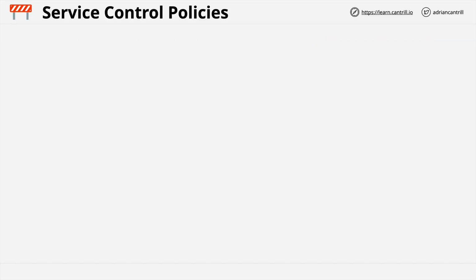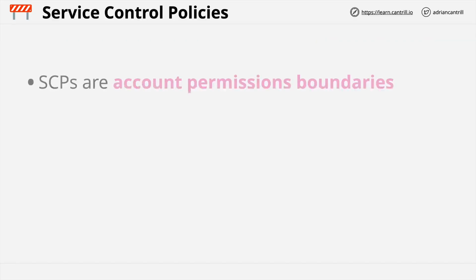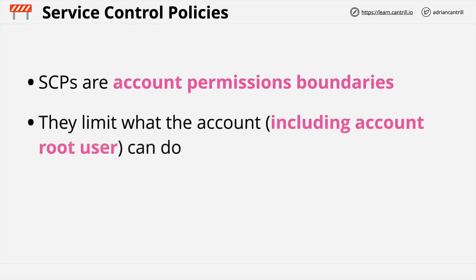Now, service control policies are account permissions boundaries, and what I mean by that is they limit what the AWS account can do, including the account root user within that account. Now, I talked earlier in the course about how you can't restrict an account root user, and that is true. You can't directly restrict what the account root user of an AWS account can do.